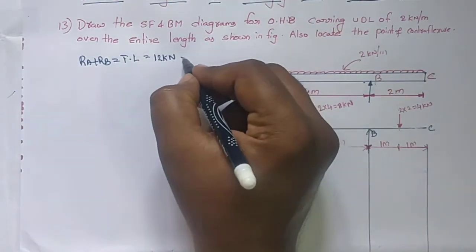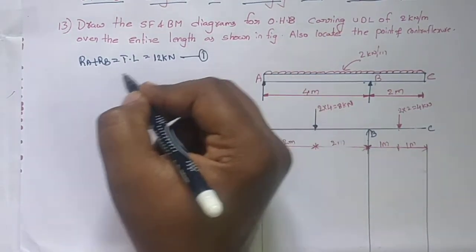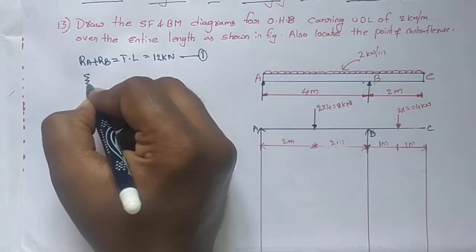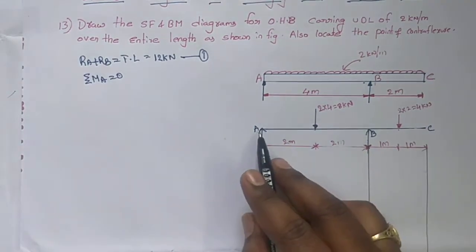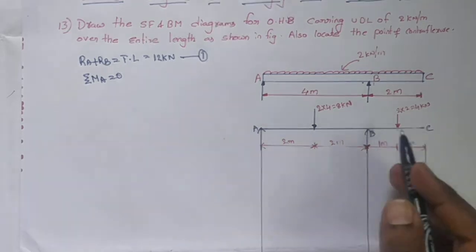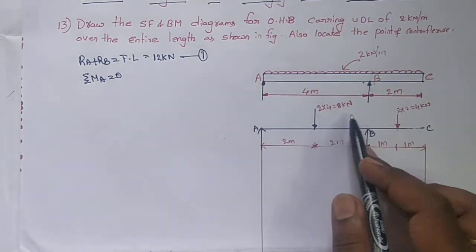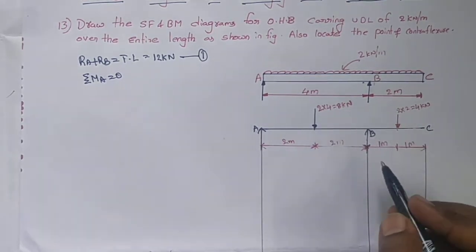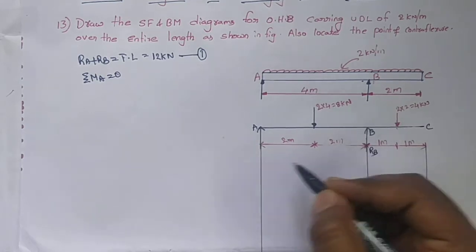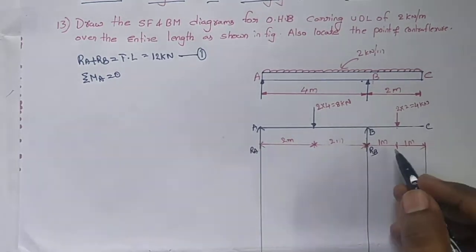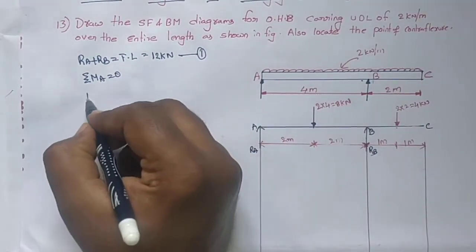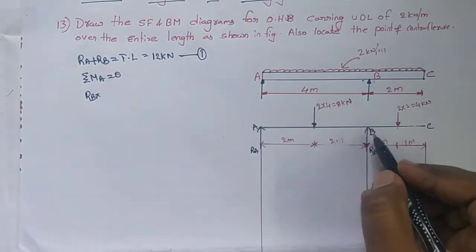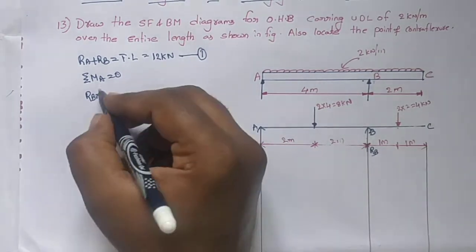Now consider this as equation 1. Taking moments about A and equating to 0, the right side of A has 2 point loads and 1 reaction force, that is RB. First, RB is acting anti-clockwise, so RB into the distance from A to B, which is 4.